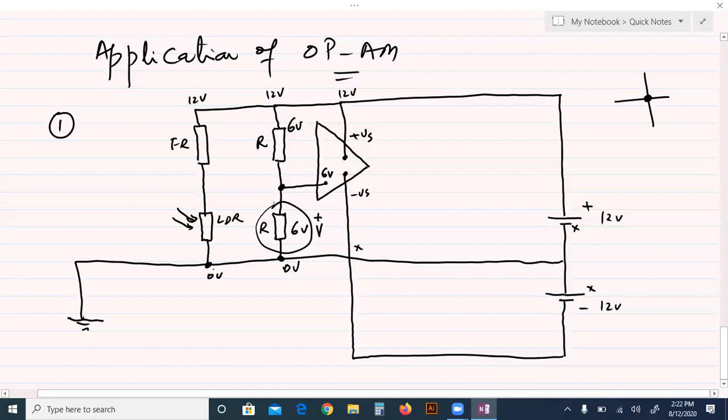This is a potential divider, but this potential divider is variable because with the change in the intensity of the light, the voltage across the LDR and the fixed resistor changes. Now, this wire is connected here as the inverting input.